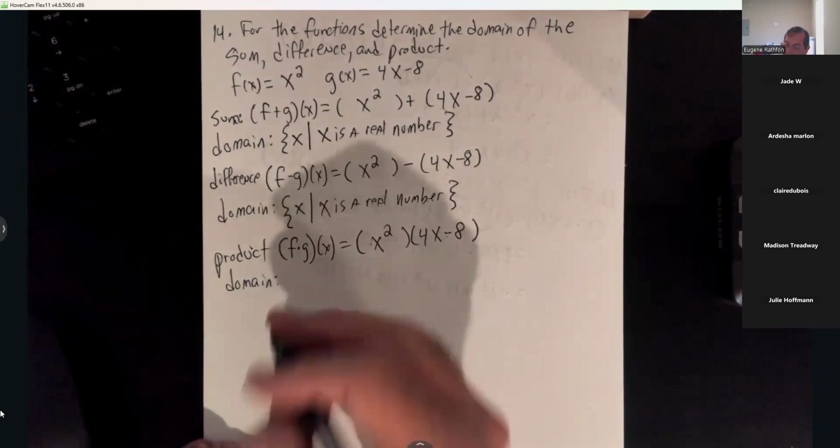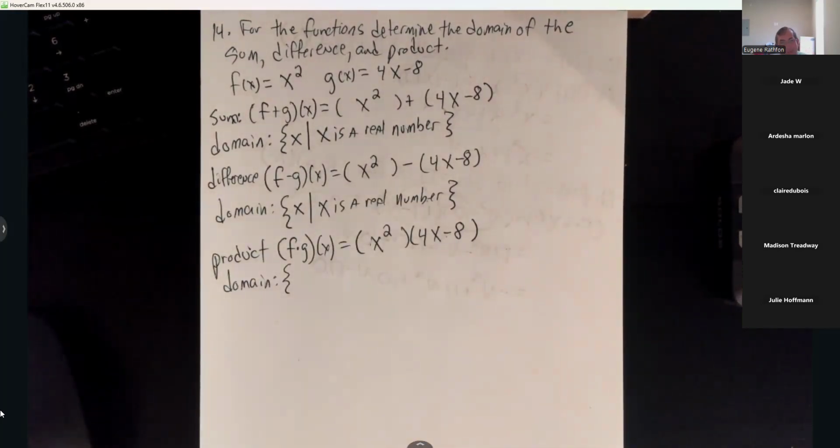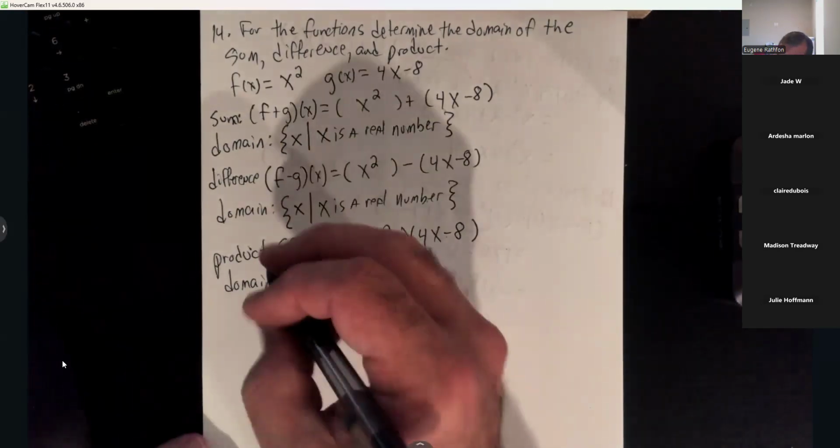All right, any ideas about the domain of the product of these two functions? Same as all real numbers. Good job.